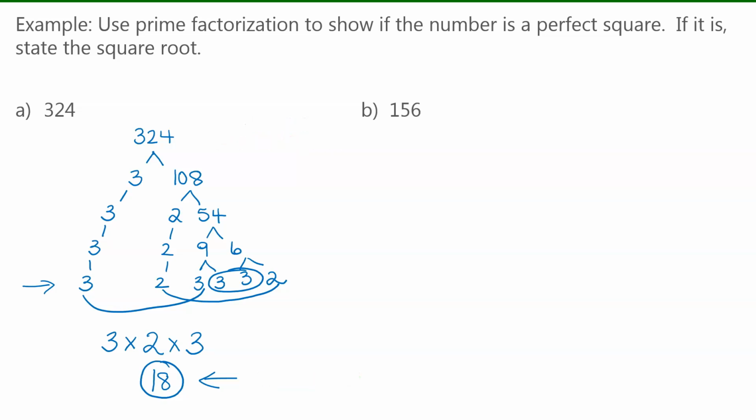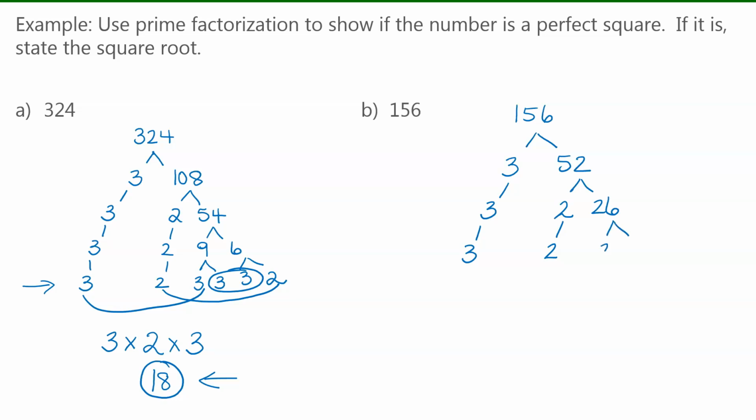Let's try 156. I start with any two numbers that multiply to give me 156. So it'll be 3 times 52. 3 can't break down any further. 52 can split into 2 times 26. 3 will just go to 3. 2 carries down to 2.